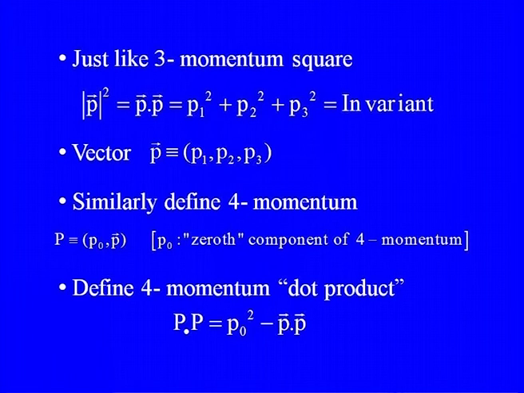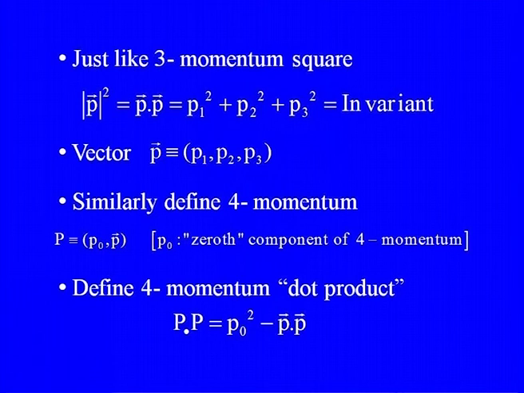Now we can define a 4 momentum, capital P, which of course has 4 components, in consonance with the 3 momentum that we had earlier, p1, p2, p3, denoted by vector p.